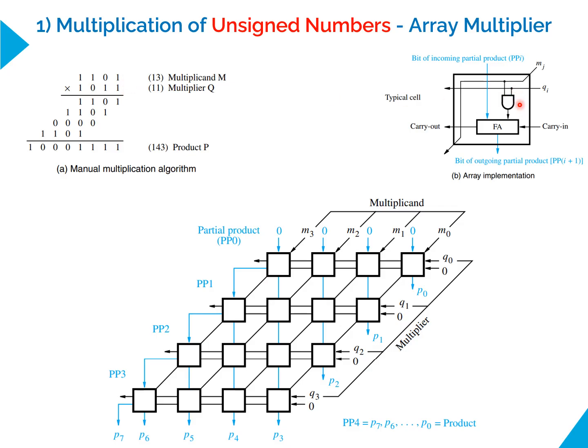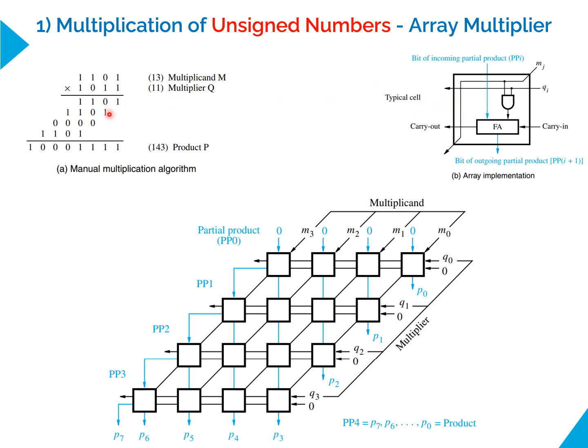So you have an AND gate which takes one bit of the multiplicand and one bit of the multiplier as input. The outputs of the AND gates will give you the partial product. For the first row of partial product, you will need 4 such AND gates.